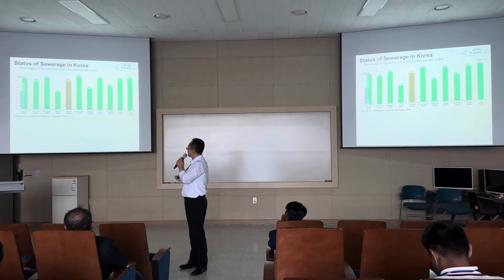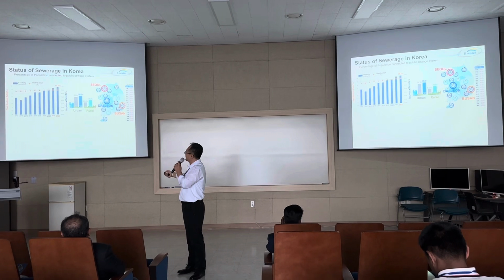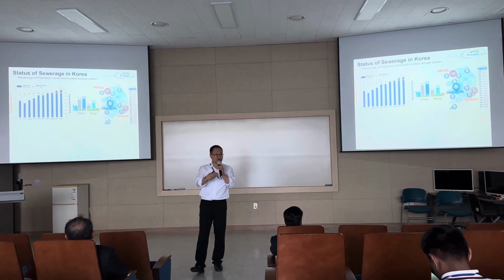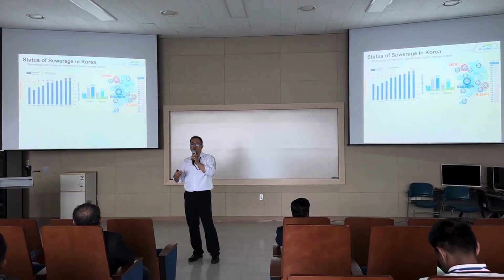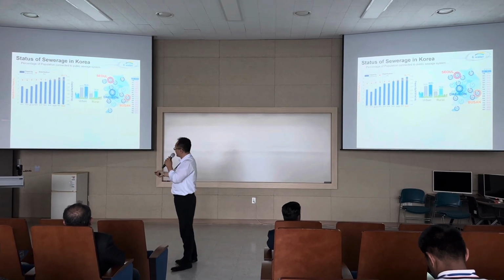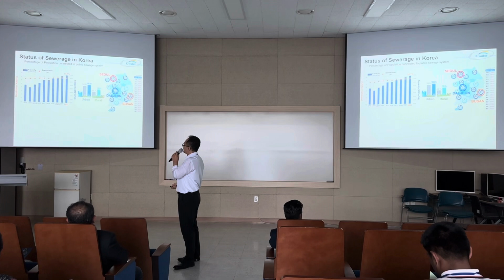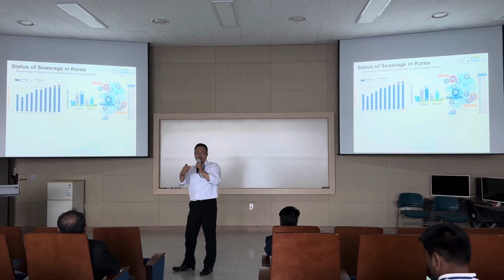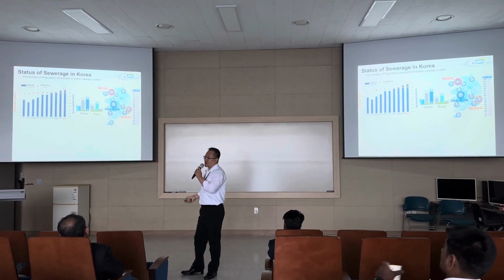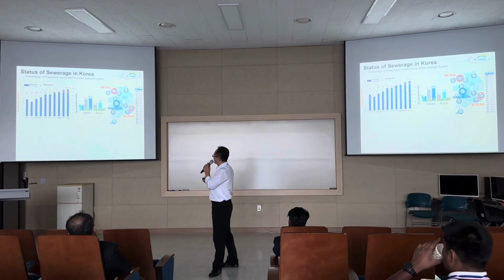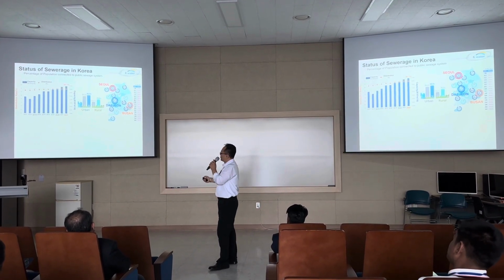But recently, according to a report from the MOE, the Ministry of Environment in Korea, in 2022 the sewage distribution rate is over 95%.